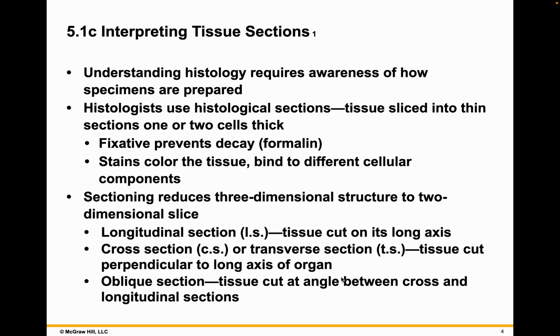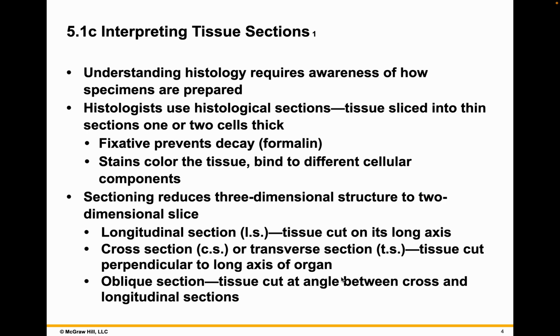When you are looking at sections doing histology in the microscope, you have to be aware of how they were prepared and some of the things that can happen, what we would call artifacts. So histologists use sections, tissues sliced into thin sections of 1 or 2 cells thick. They have to be fixed, so they try to freeze them in the moment.